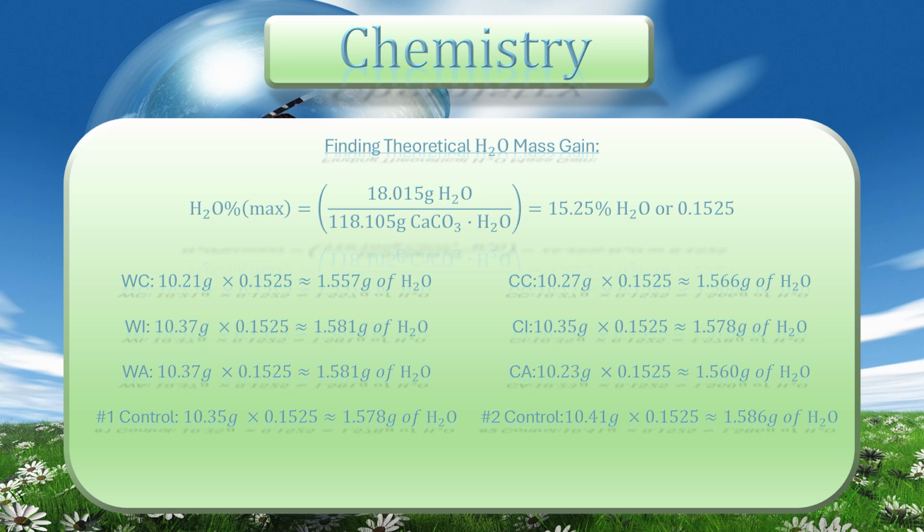And we get 15.25% or 0.1525. You take the minimum, like starting out weight, times that by the 0.1525, and then you get the theoretical water mass of the calcium.